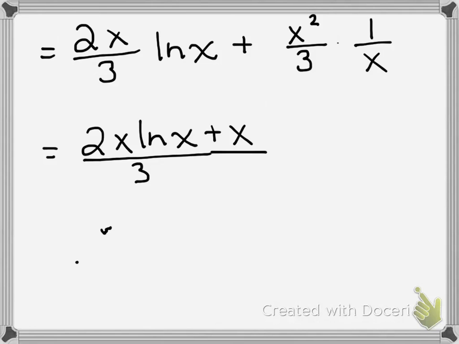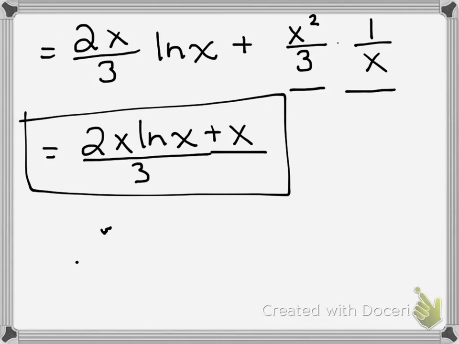And then you're adding the first function, which doesn't change, times the derivative of your second function, which is 1 over x. When you simplify everything, the x squared and the x in the second end up just becoming an x in the numerator. So you have 3 across the denominator in both problems, so you can combine everything, and you end up getting this for your answer.